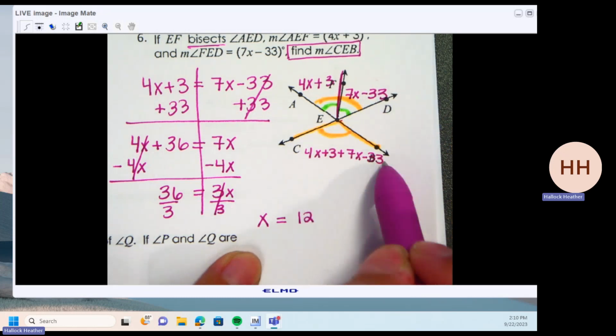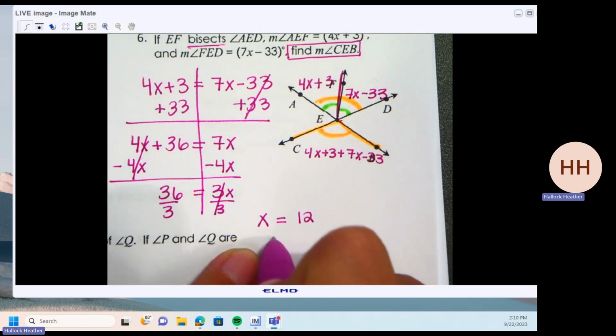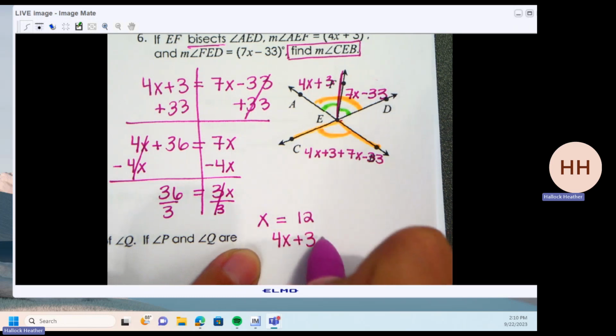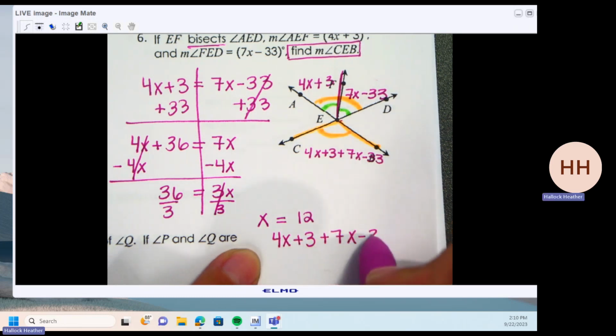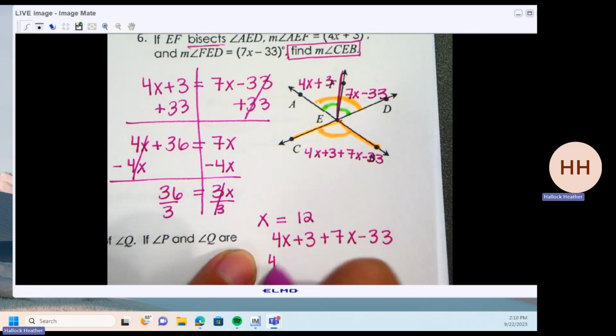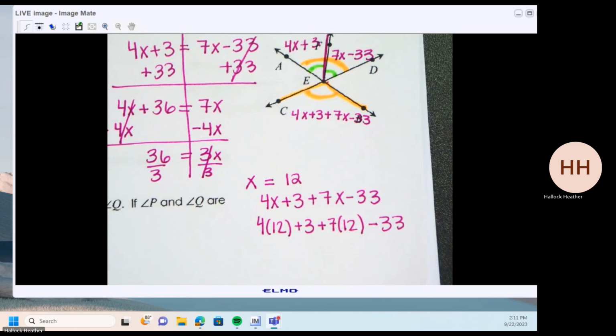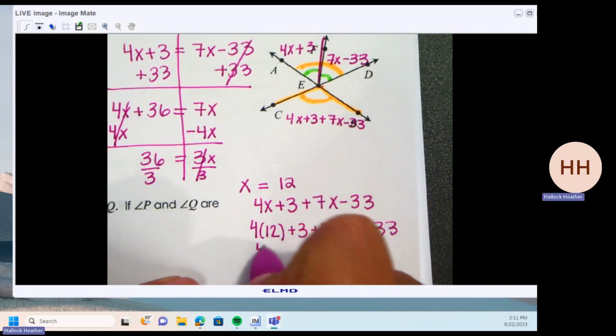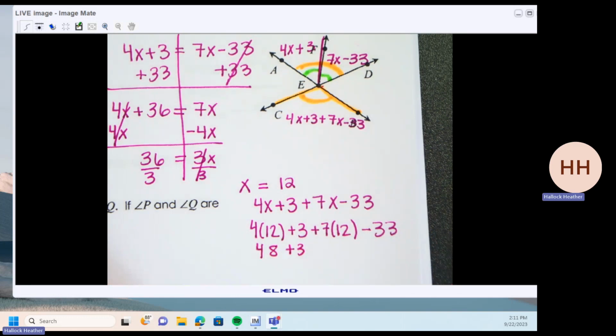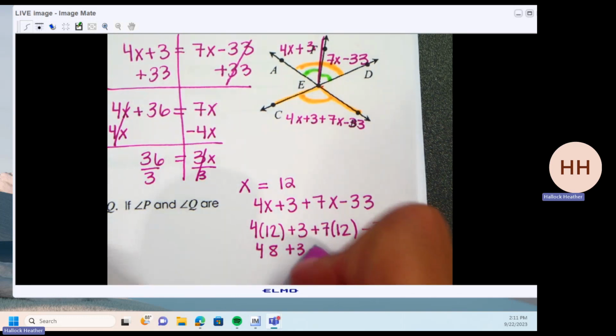So I have 4 times 12 plus 3 plus 7 times 12 minus 33. So 4 times 12 is 48, plus 3, and 7 times 12 is 84.